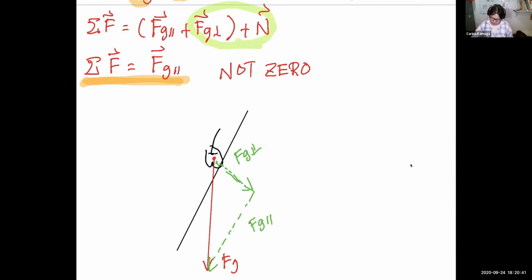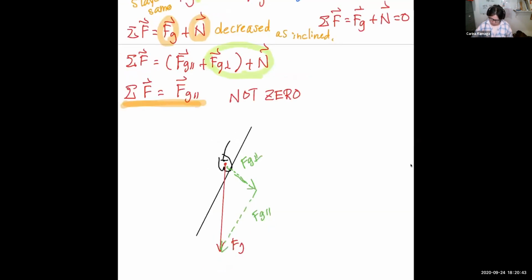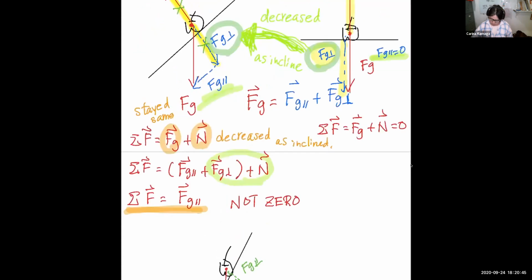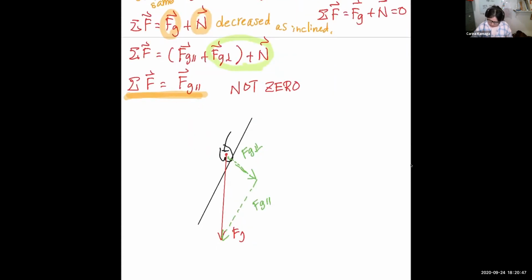Okay, then let's draw the normal force. The normal force now is going to be equal and opposite to the Fg perpendicular component. So it's going to be this much, same as this much. That's equal and opposite.